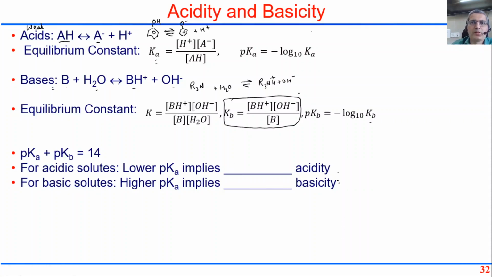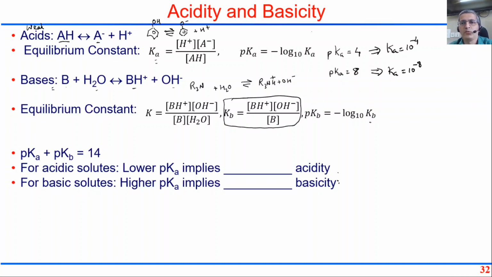So imagine two situations. Suppose pKa is, let's say, 4 or pKa is, let's say, 8. Then this would mean Ka would be 10 raised to minus 4, and this would mean Ka would be 10 raised to minus 8. Which is higher, 10 raised to minus 4 or 10 raised to minus 8?